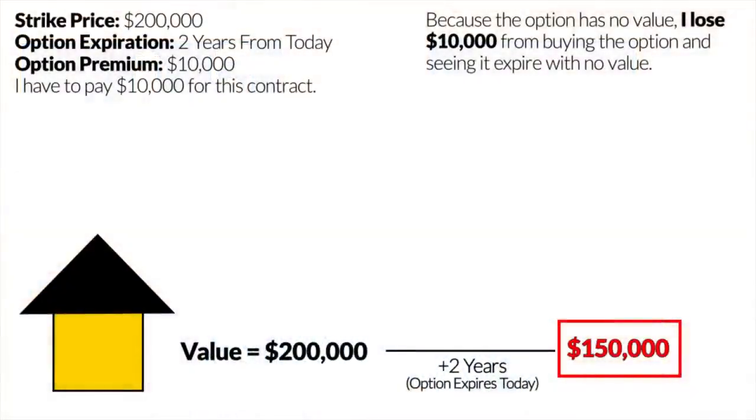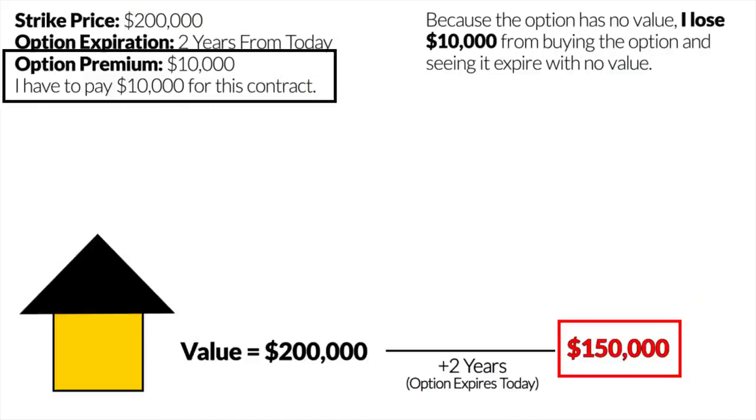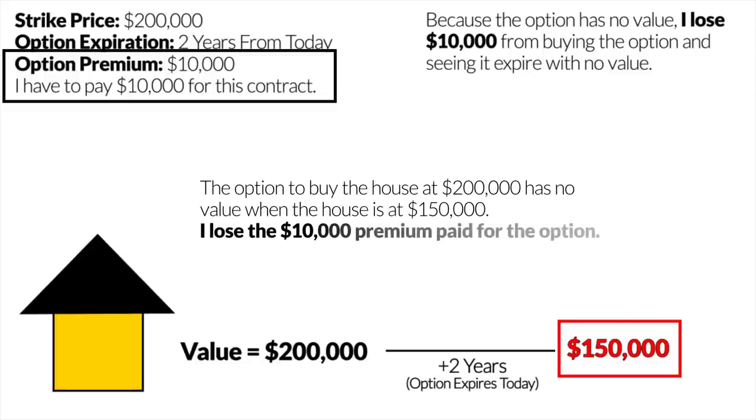So in the house example, remember that I bought a call option with a strike price of $200,000, and I paid $10,000 in premium for that call option. And remember, in my second scenario, I said that the house price goes to $150,000. But I have a financial contract called a call option that allows me to buy that house for $200,000.